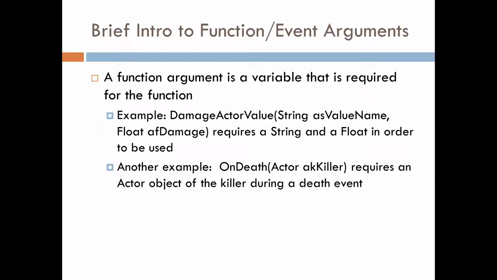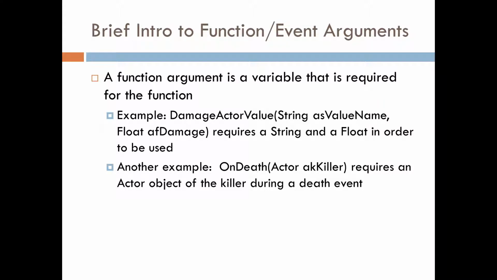The first parameter is the value's name, which they call asValueName, and that requires it to be a string in the first spot. And then you have the float afDamage for the second argument, and basically it's the damage you want to do to the actor value. For example, you put the string health and you do 50, you damage their health by 50.